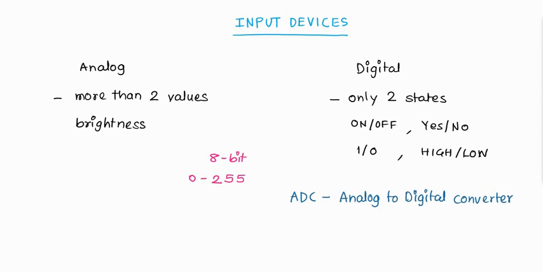And the ADC which Arduino Uno has is 10-bit, and hence the input values which are allowed in Arduino Uno are from 0 to 1023.